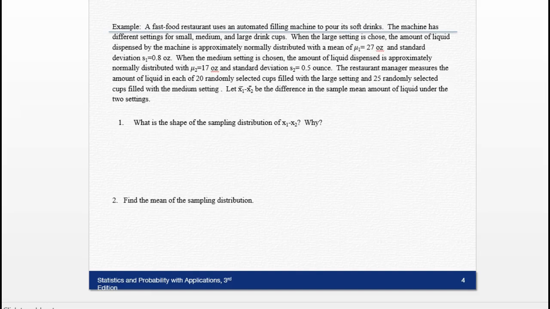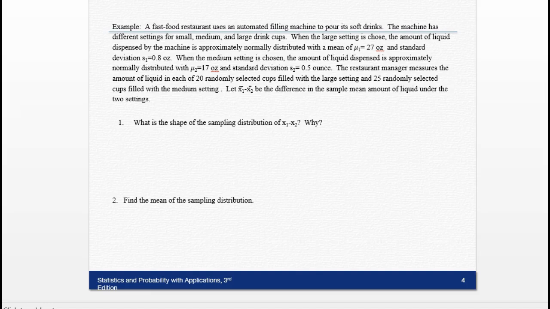All right, so let's look at this example. A fast food restaurant uses an automated filling machine to pour its soft drinks. The machine has different settings for small, medium, and large cups. When the large setting is chosen, the amount of liquid dispensed by the machine is approximately normally distributed with a mean of mu equals 27 ounces and a standard deviation of 0.8.